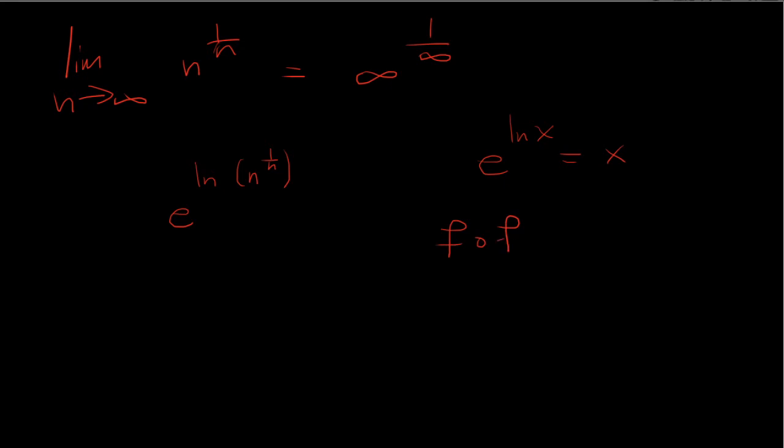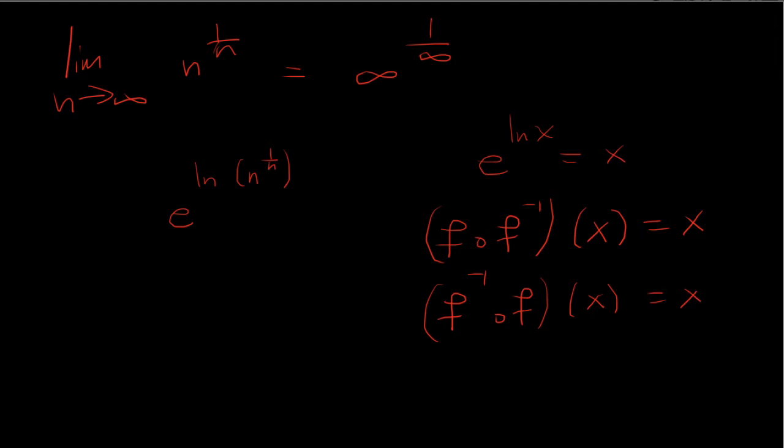So whenever I compose two inverse functions, I just get x, and it doesn't matter the order, obviously. So e and natural log are inverses of each other, so when I compose them, they cancel, and I get whatever is in the parentheses here.